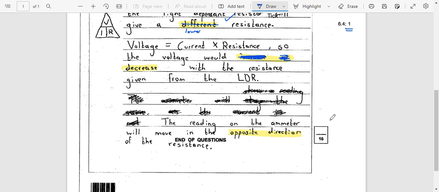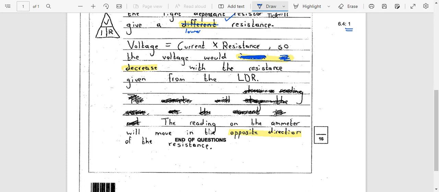They've then said the reading on the ammeter will move in the opposite direction of the resistance. They actually mean the right thing. If the resistance goes down, it is easier for current to flow. So the resistance goes down, meaning the current will go up.